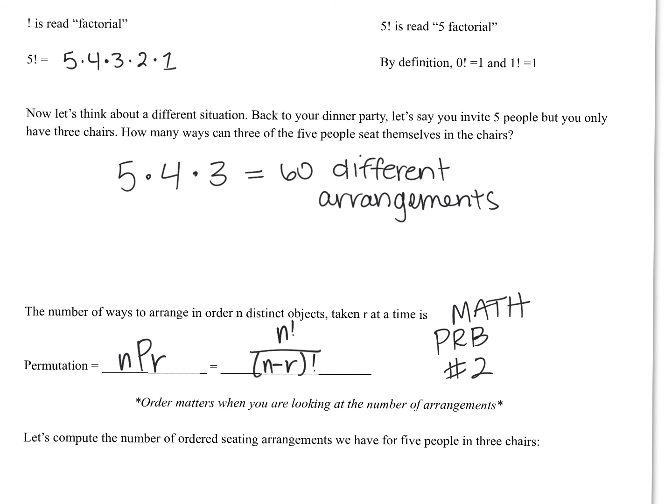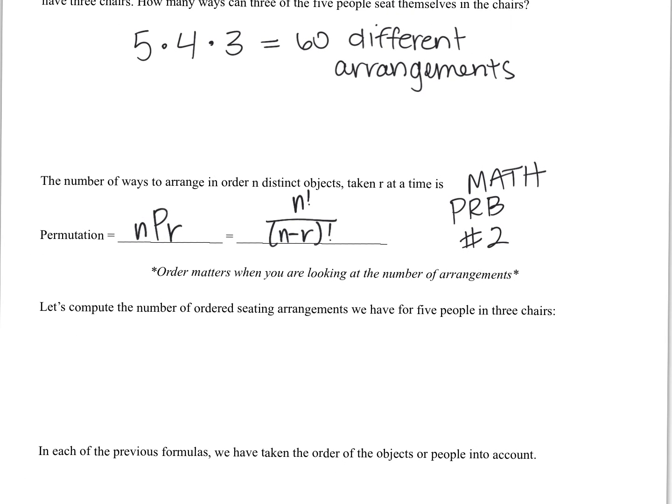We'll look at it here in a second when order doesn't matter, and see how that changes. So doing what we just did, where order matters, N is the total number. R is how many you're taking. So when we had 5 people to sit in 3 chairs, N is 5, R is 3.